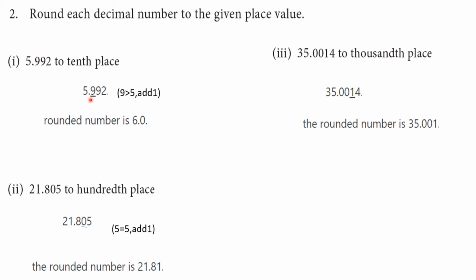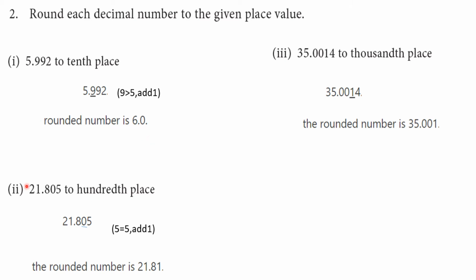Here 9. The digit next to the underlined digit is 9 also, which is greater than 5. So you add 1 to the underlined digit. Therefore 9 plus 1, 10. Carry over 1. So 5 plus 1, 6. Therefore the rounded number is 6.0.